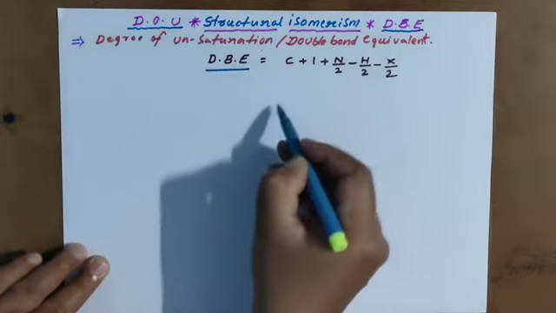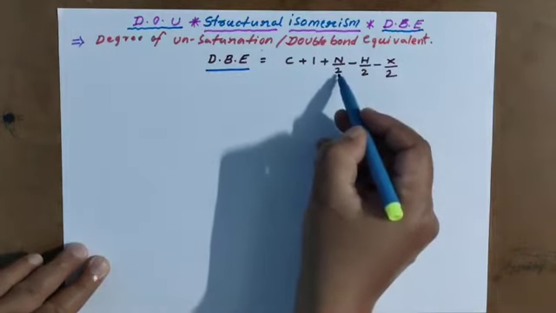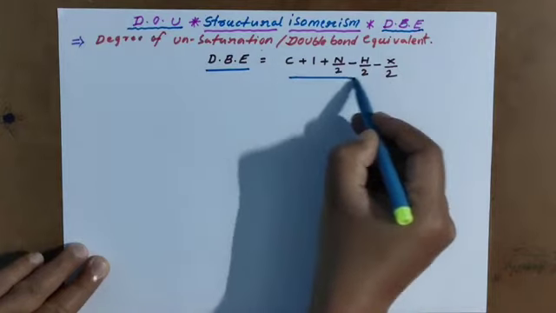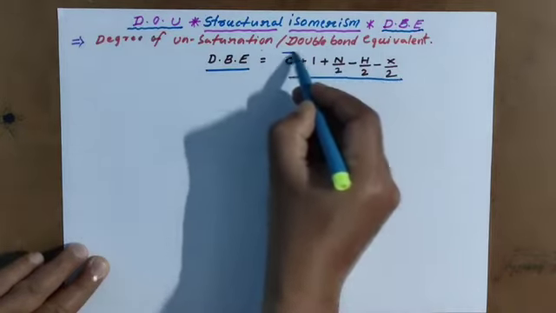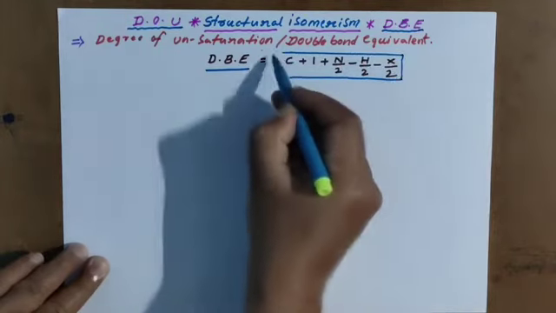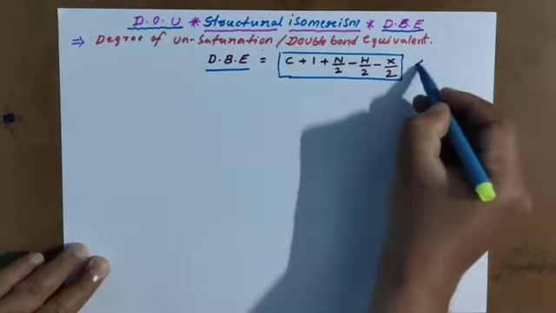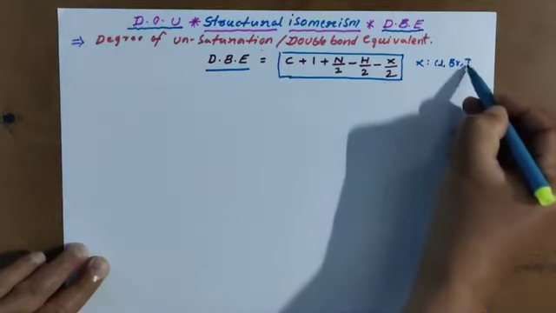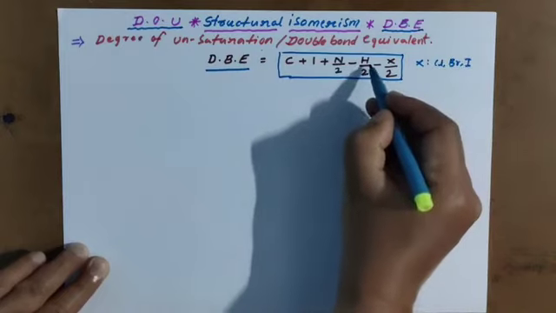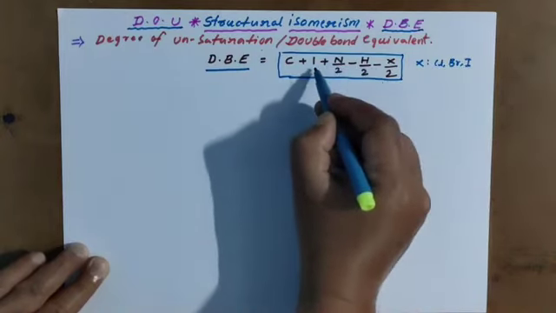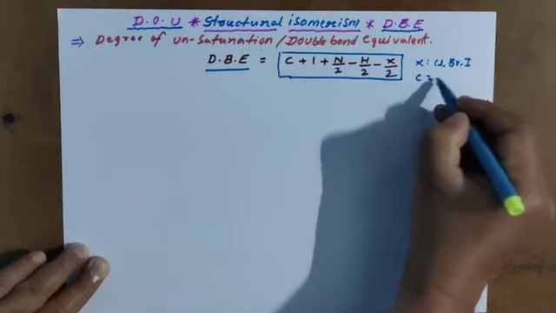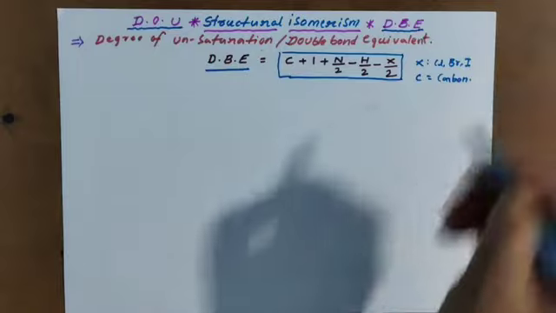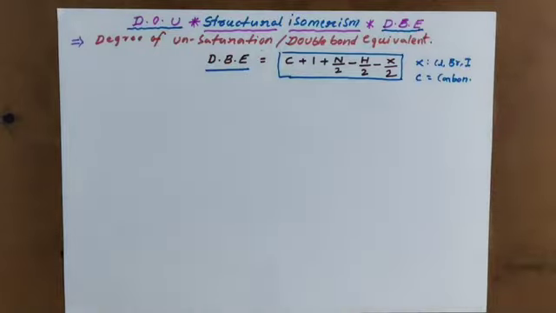DBE equals C plus 1 plus N by 2 minus H by 2 minus X by 2, and this is the formula you have to remember to calculate DBE. X is nothing but chlorine, bromine, iodine. Hydrogen atom, hydrogen only. Nitrogen, nitrogen only. C means number of carbon atoms, hydrogen atoms, nitrogen atoms.